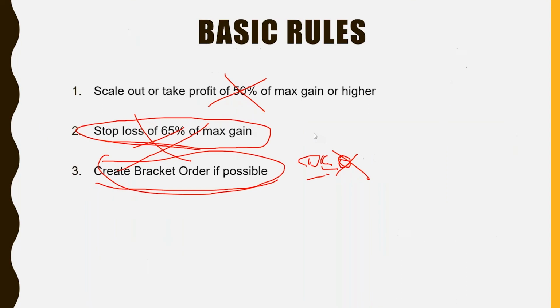Some basic rules to keep in mind: scale out and take profit when you have 50% of your max gain. Stop loss when you reach 65% of your max gain. If your broker allows, you can create bracket orders so you don't have to worry about that. You can set it up and then go play golf.